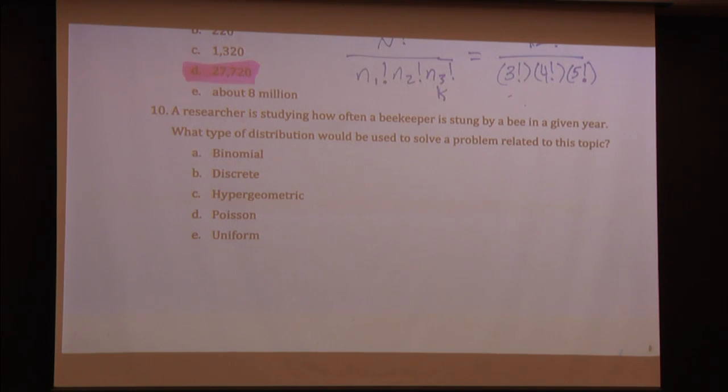All right, so this is more of a conceptual question than asking you guys to do any calculations just yet. Just to see if you're familiar with the different types of distributions and when to use them. So a researcher is studying how often a beekeeper is stung by a bee in a given year. What type of distribution out of the 5 answer choices you're given would you use to solve a problem, like if I asked about the mean or the standard deviation or probability?